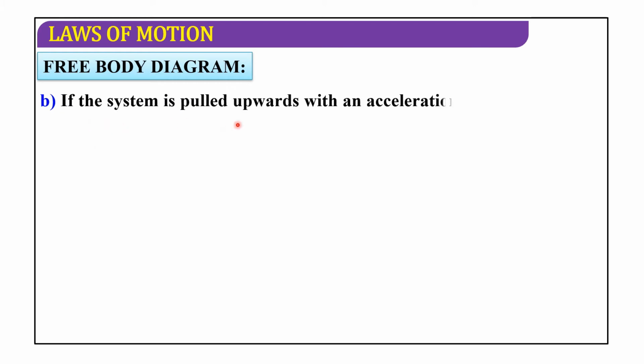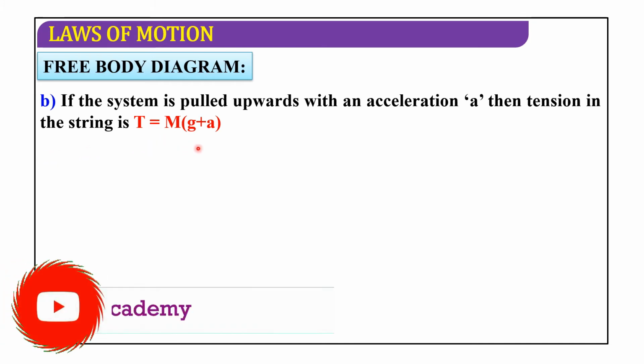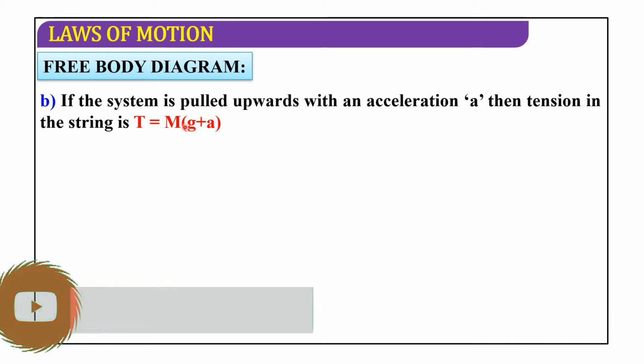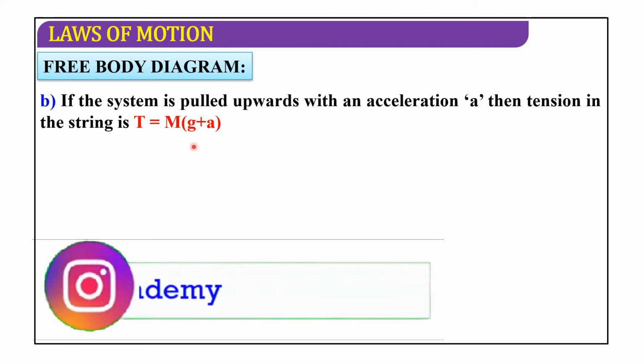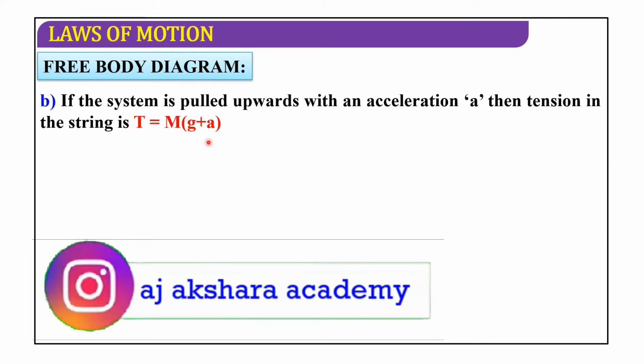If the system is pulled upward with an acceleration A, then the tension in the string is T equals m of g plus A. Here, if it is pulled upwards with an acceleration A, then the tension in the string is T equals m of (g plus A).